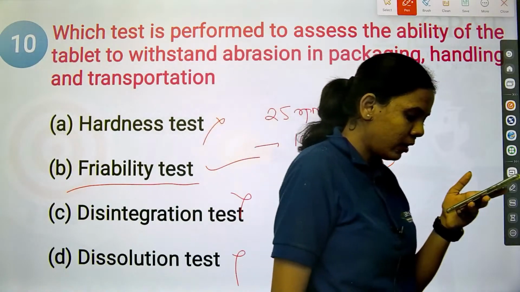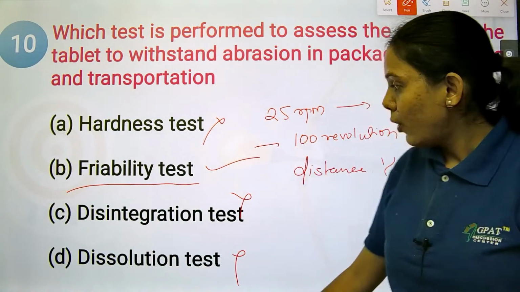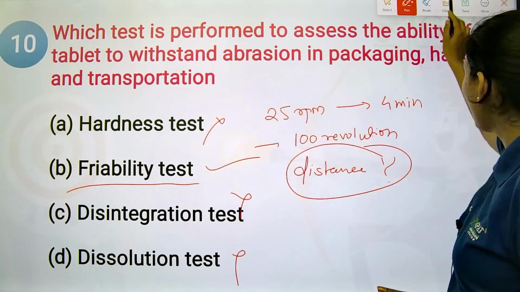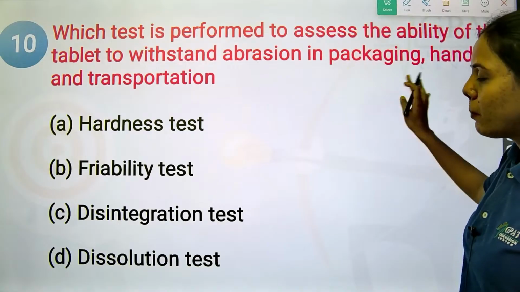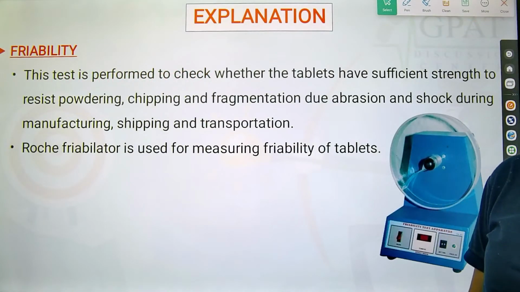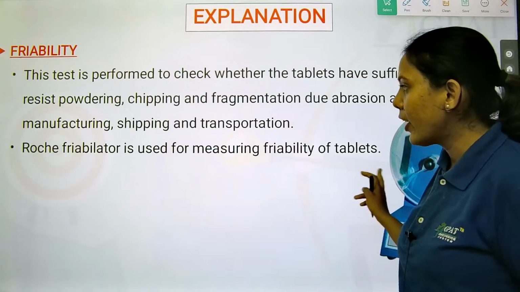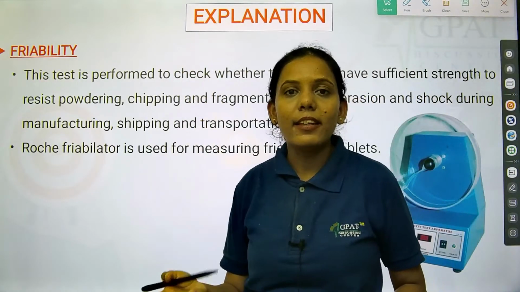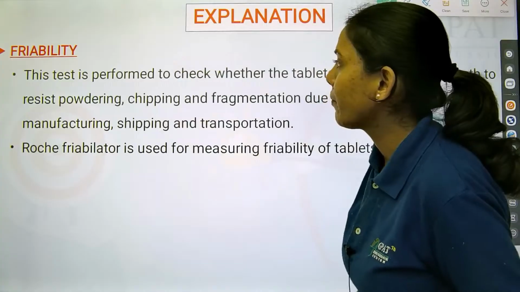So, you tell me at what distance the tablet is falling down. Anyways, option B is the right answer, that is friability. 6 inches is the right answer, very good Prasanna. So the tablet will fall from a distance of 6 inches, very good.